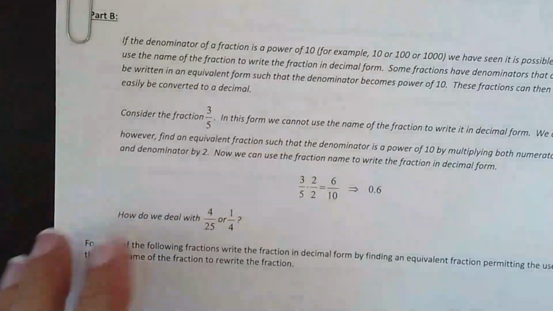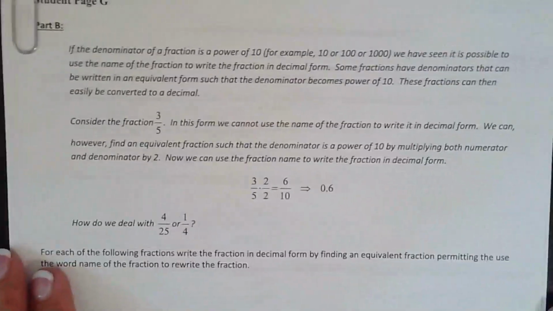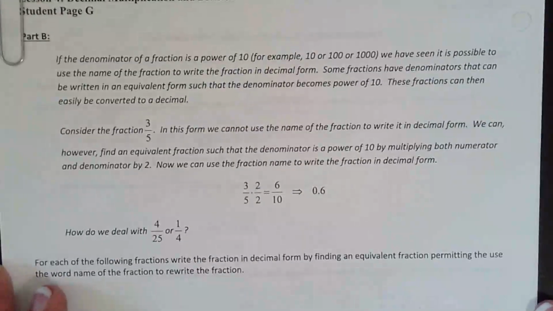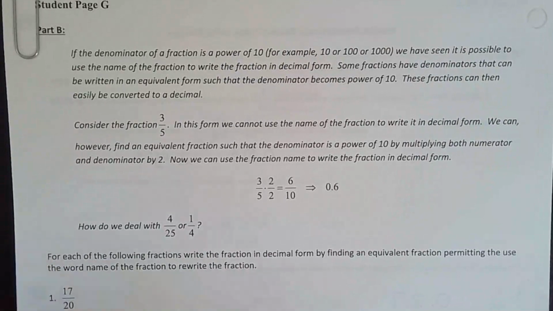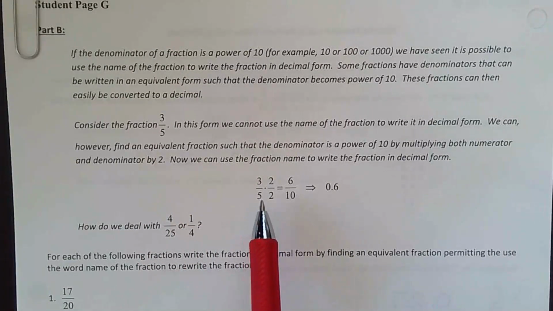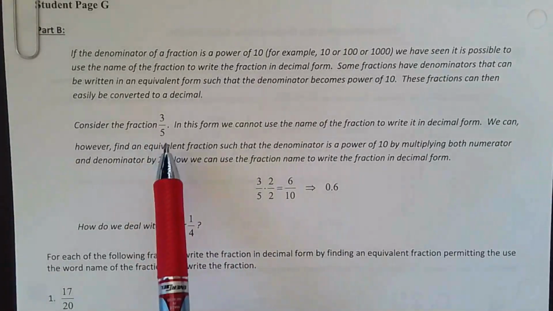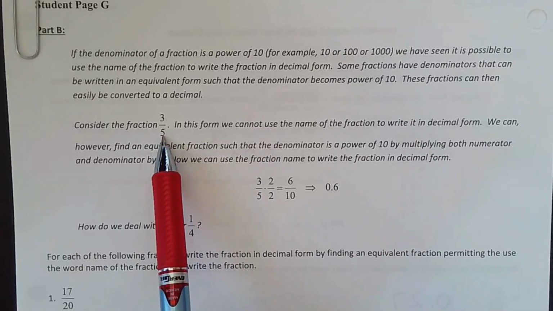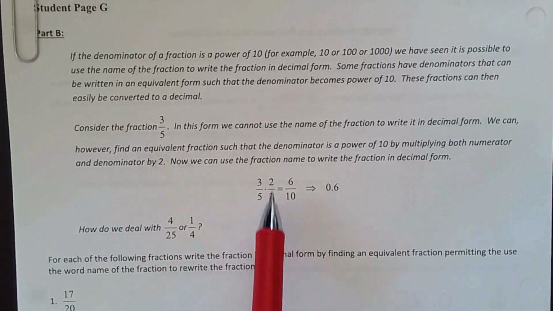So we already did this before. This is a review. We did it, I think, the first day of this section, turning fractions into decimals. So we said the key was to try to make the denominator 10 or 100 or 1,000. And we can see 5 goes into 10 2 times. So we multiply numerator and denominator by 2.